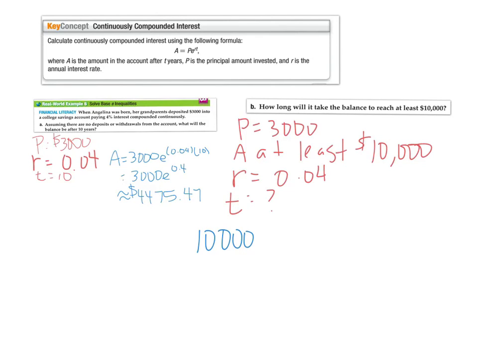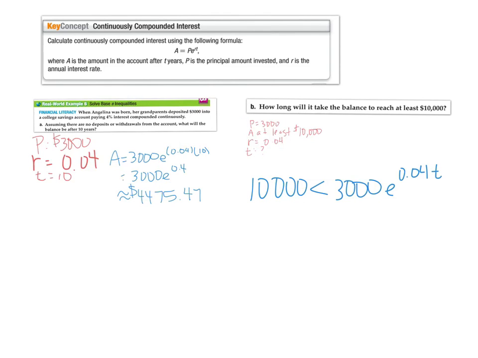When we say at least, that should trigger that it's going to be an inequality. So $10,000 is less than our P, which is $3,000, E to the R, which is 0.04, and T. So we've set up our original equation, and now we just need to solve this.